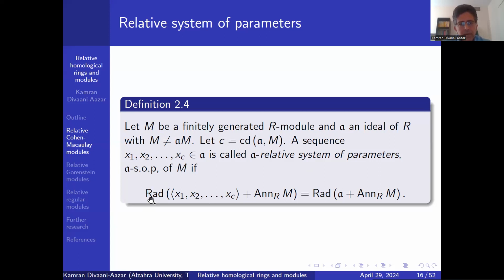The radicals of these two ideals should be equal. So if we take R a local ring and take A to be the maximal ideal of that local ring, then by this definition we recover the definition of the ordinary system of parameters.